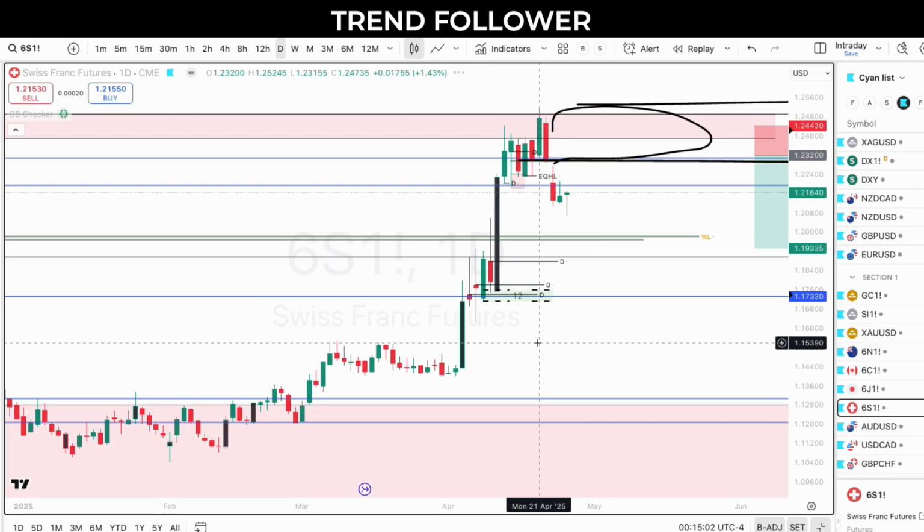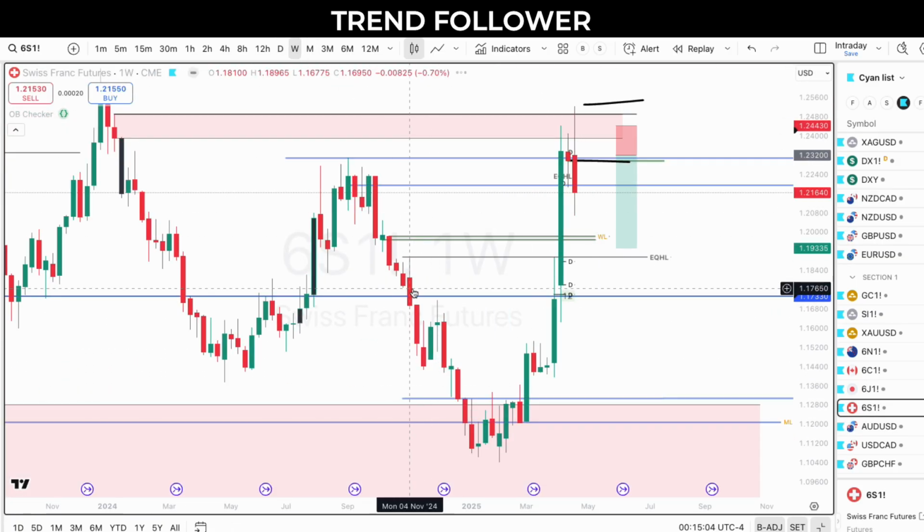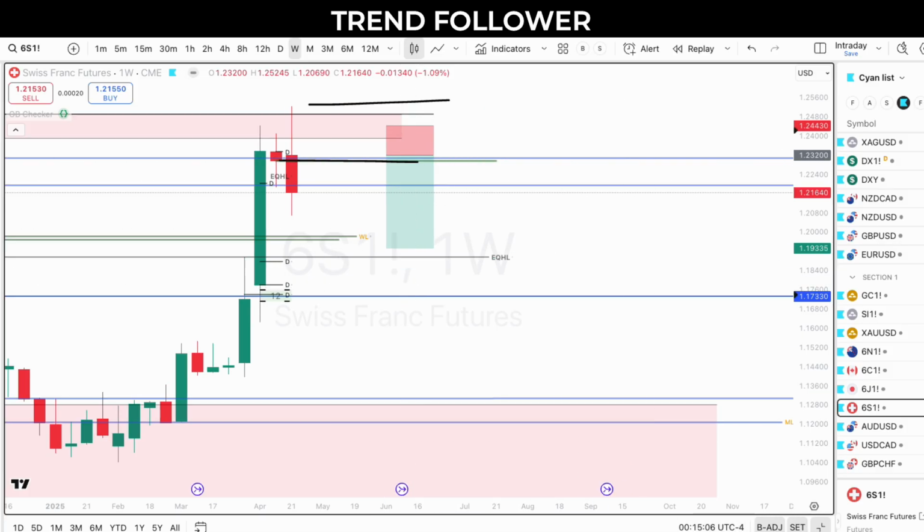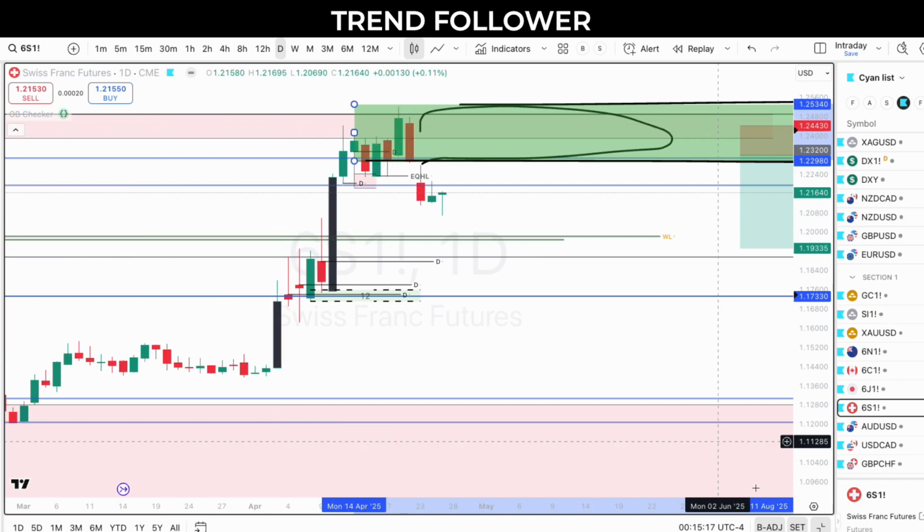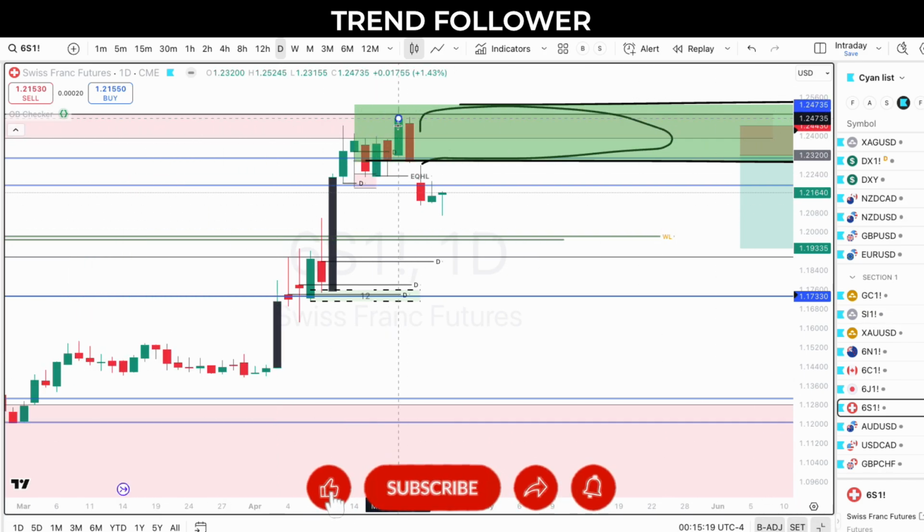Secondly, if you look at CHF, as I showed on the weekly chart, this is the new potential supply that has been formed. Let me form a box only so that it's easy to see. This, right? Now, right there, you have a daily block also, right?